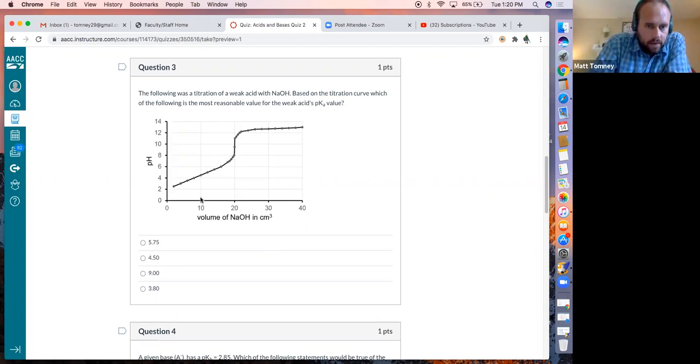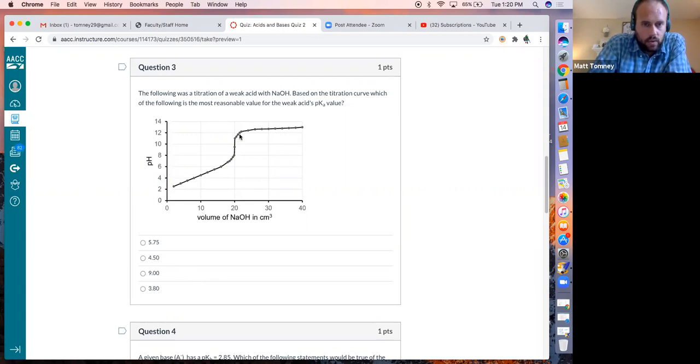So 10, if you come here, here's 4 on the pH, and it looks like it's just slightly above that. Now the next line is 6. So halfway between these two would be 5. It's not quite that. Okay, so we're going to say it's 4 point something. Well, there's only one answer that's 4 point something. So it's definitely not 5.7 because it's not even halfway in between 4 and 6. 4.5 is reasonable. 9 is not reasonable.